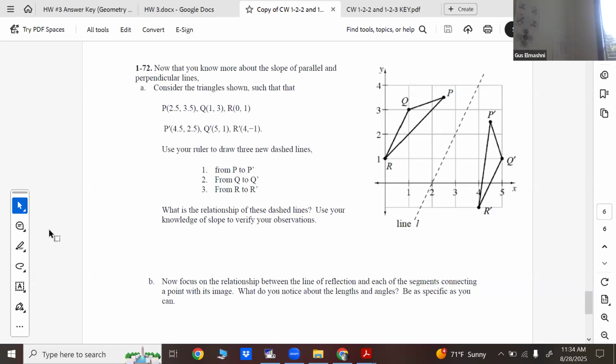Use your ruler to draw three neat dashed lines: 1 from P to P prime, 2 from Q to Q prime, 3 from R to R prime. Thank you. What is the relationship of these dashed lines? Use knowledge of slope to verify your observation.